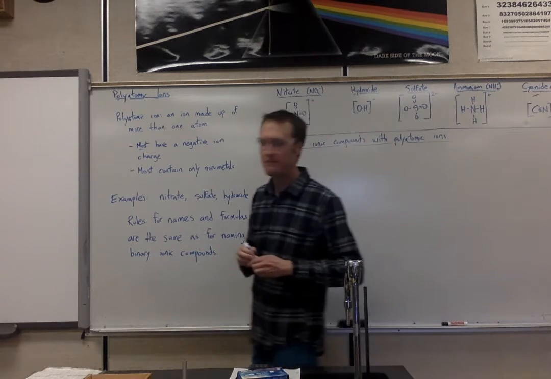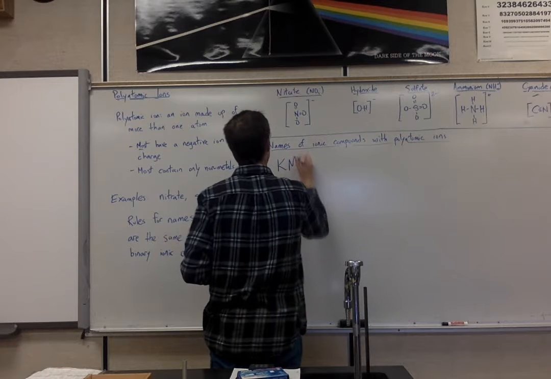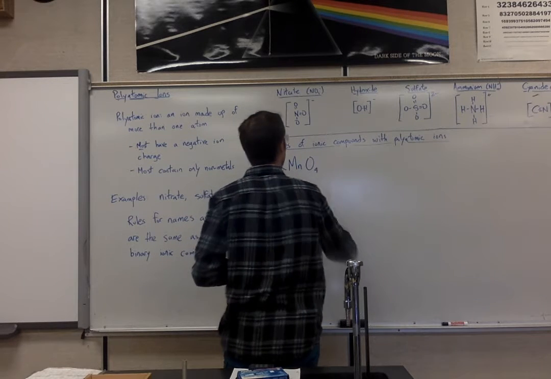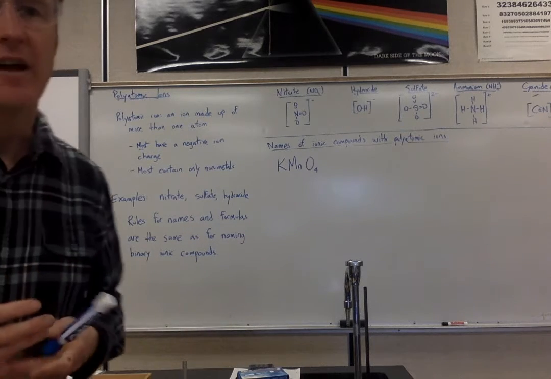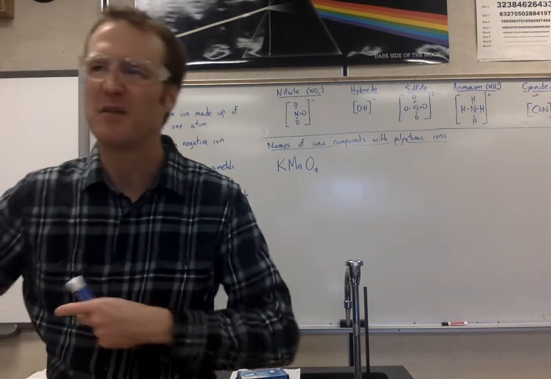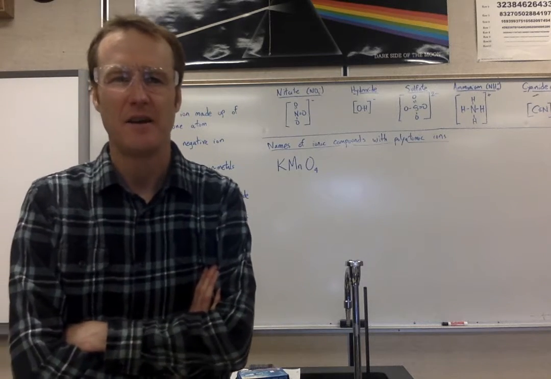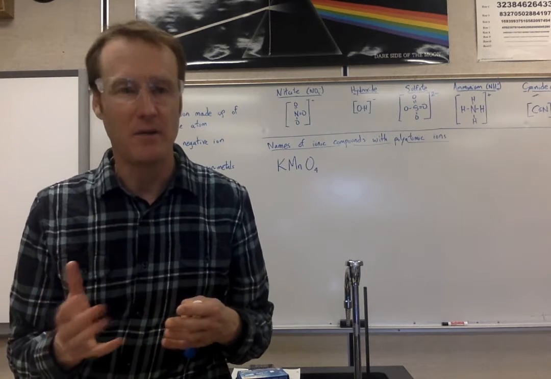And then I'm going to go through its name. If you look on the chemical container, you're going to see KMnO4. You'd be excused for thinking, wow, okay, how am I going to name that? Because if you go to the periodic table, you're going to see the K is a metal. It's potassium.